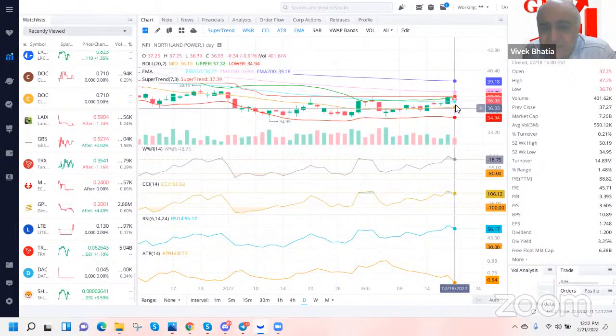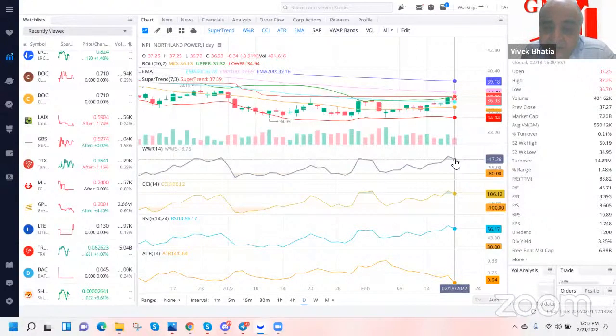I don't suggest 36.5. I would rather suggest the lower one, 35.25 or 35.40. That is the range that I would suggest, Vivek, because your indicators are in overbought position. A slight correction is required. Williams %R, CCI, RSI are all overbought. ATR is falling, so it becomes less volatile.